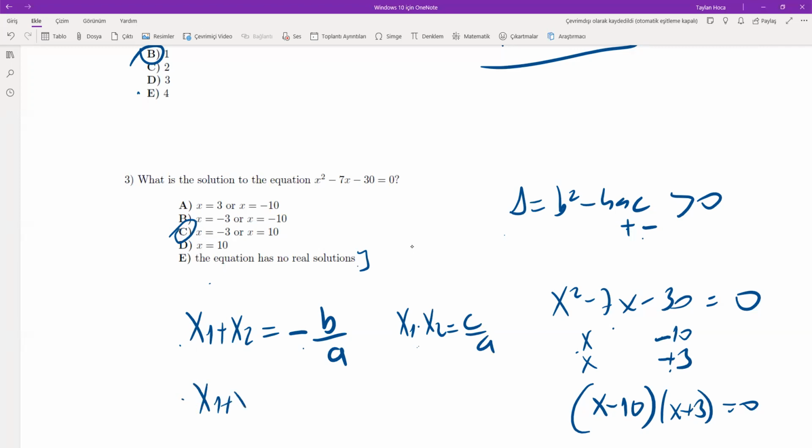So the sum of the solutions is negative 7 over 1, which is 7. The product is negative 30 over 1, negative 30. I check the answer with a sum of 7 and a product of negative 30. I find C.